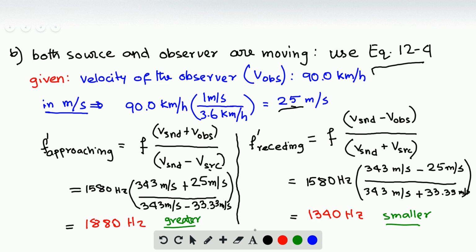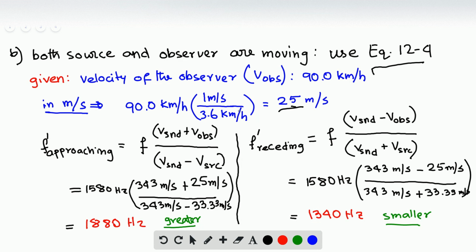Again we apply the same trick: because it's approaching, our final frequency should be higher than the original frequency, so we make the numerator bigger than the denominator. That's why we put a positive sign on top and a negative sign at the bottom. If we do the calculation, we get 1880 hertz, which is greater than 1580.